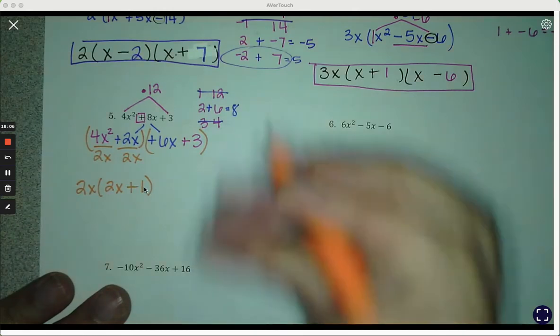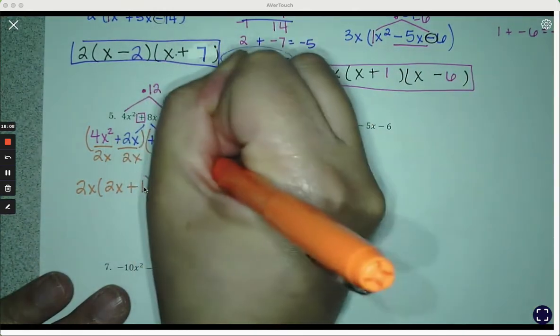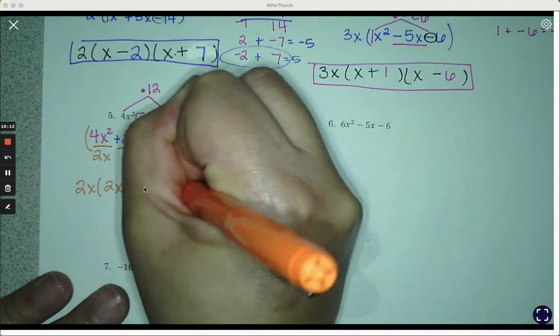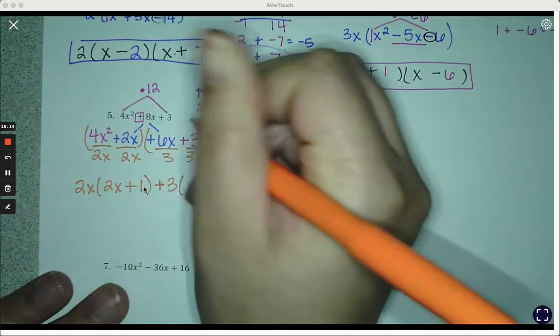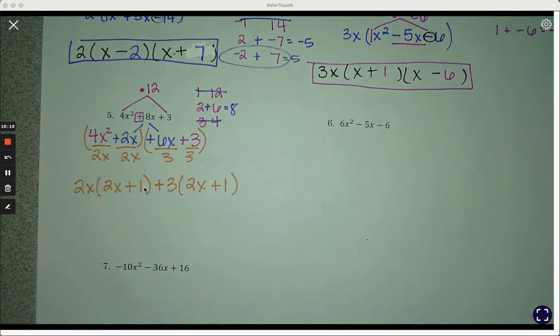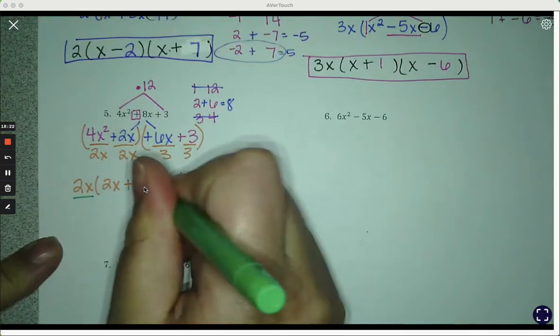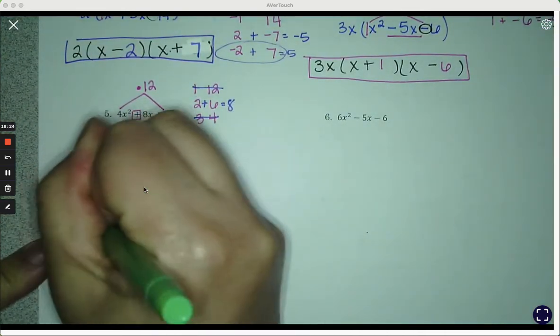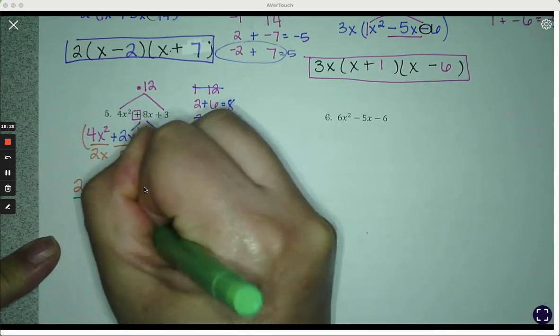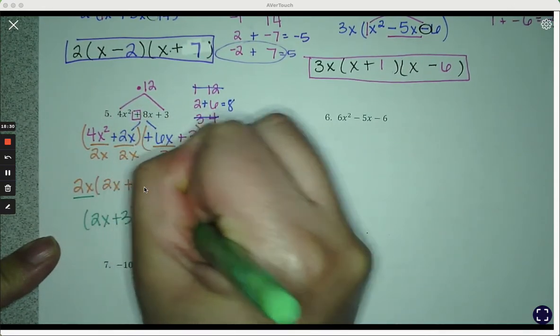And then in my second set of parentheses, both of these are divisible by 3, so I'm going to pull out a positive 3. So 2x plus 1. So my factoring, remember these go in one set of parentheses: 2x plus 3 times 2x plus 1.